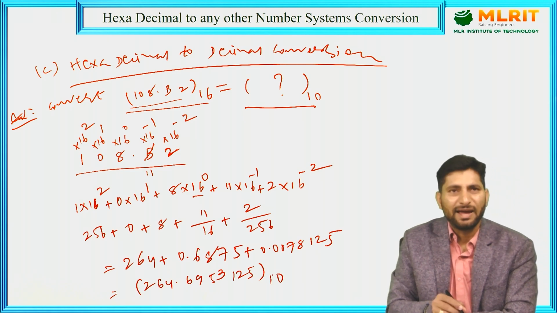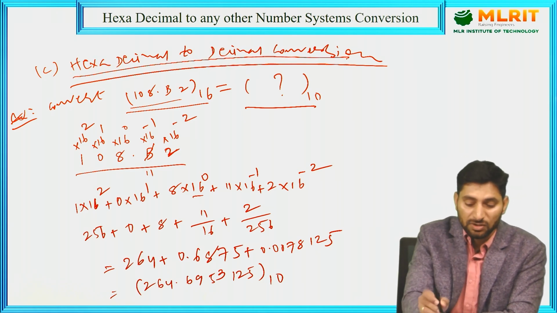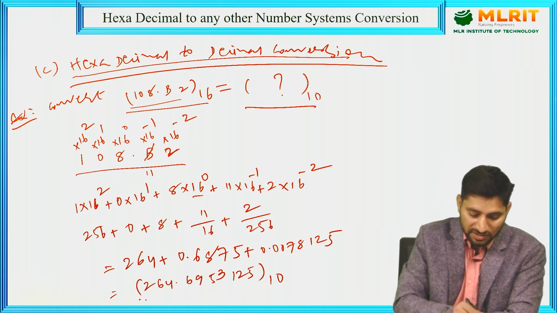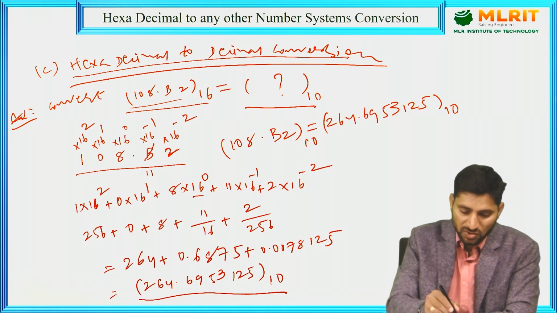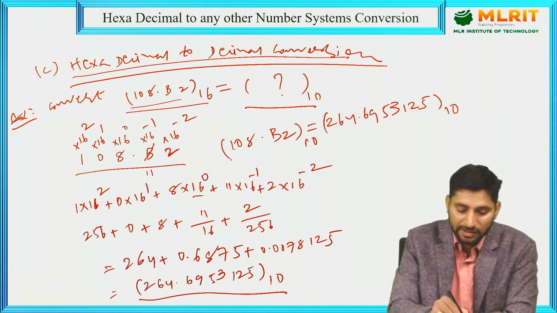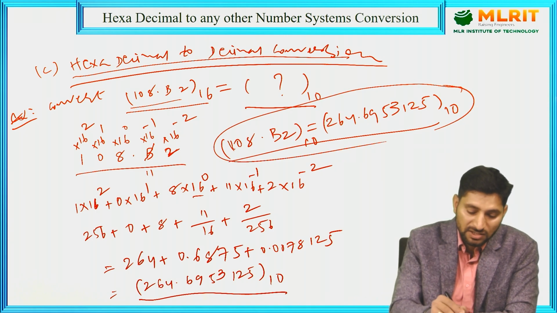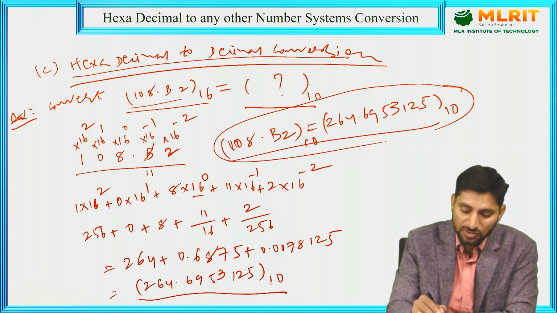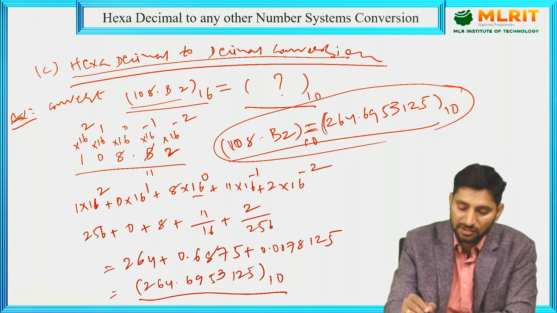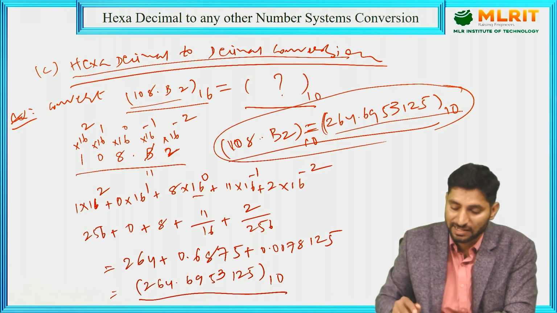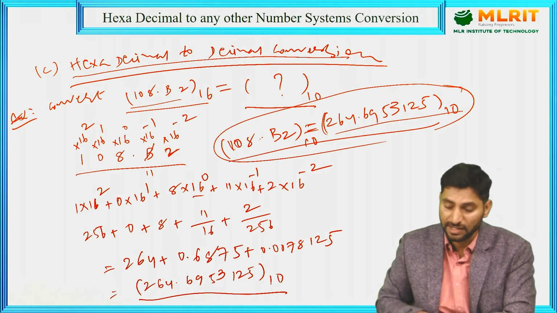Like this I can convert hexadecimal to decimal. So now I want to conclude. Like this we can convert 108 dot B2 to decimal, and it is equivalent to 264.6953125 in decimal.